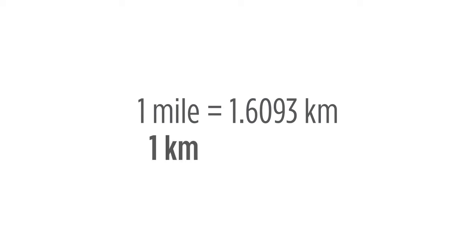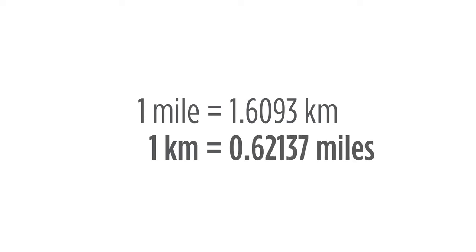We can also say that 1 kilometer is equal to 0.62137 miles. If we set up the same system as before, we're going to start with 5 kilometers, and we want to end up with miles.